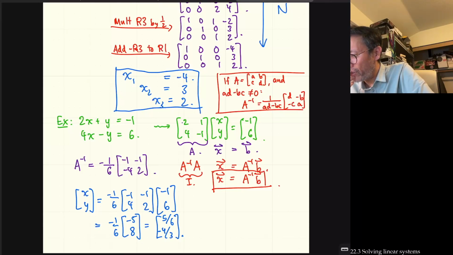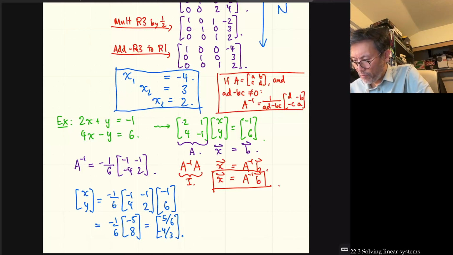Negative 5/6, negative 5/3, or 5/3 minus 4/3 is 1/3. Why am I getting... What have I done wrong?